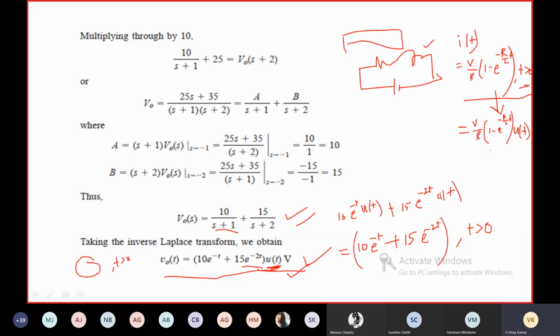Both are equal. You can also use S domain. You can solve series RL circuit, series RC circuit, series RLC circuit, parallel RLC circuit. All circuits can be solved using Laplace transform, which is used to convert time domain into S domain.